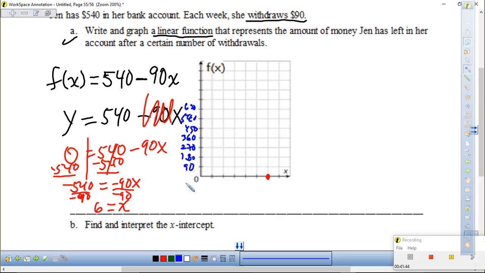Okay, I'll stop right there. So 540 is right here. Okay. And let's graph that. Let's see how it looks. Okay. So what does the x represent, everyone?